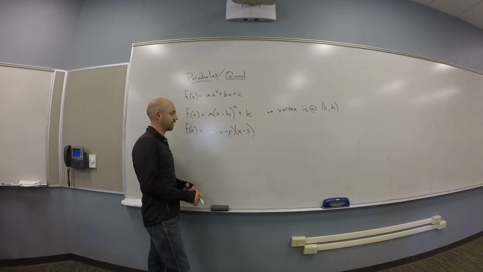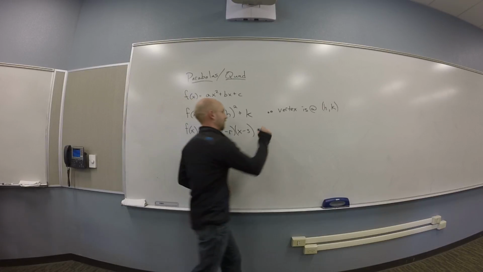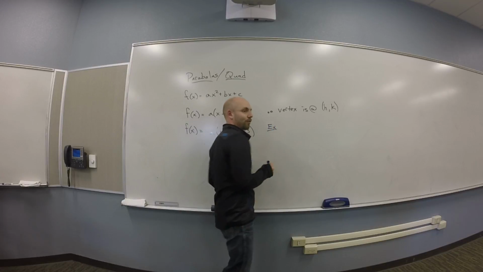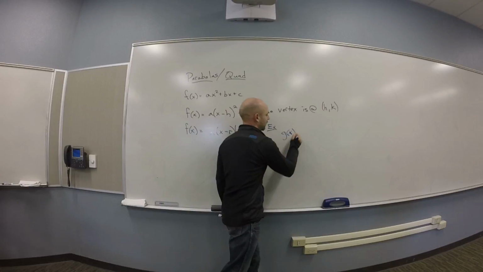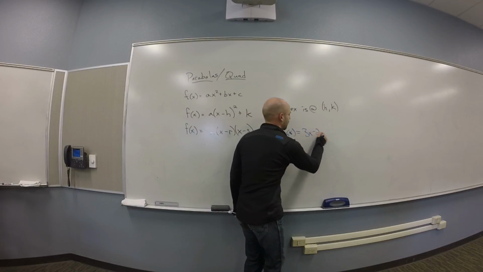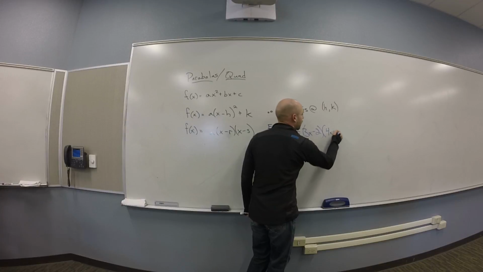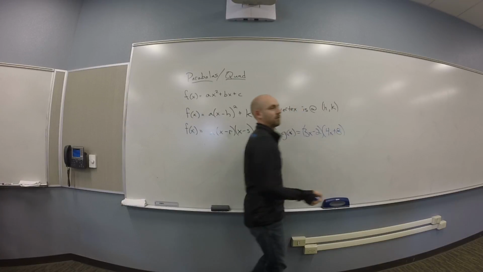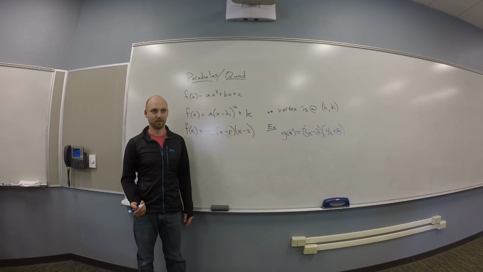Like, personally, for example, if you had g of x is the quantity 3x minus 2 times the quantity 4x plus 8, I personally would call this factored.